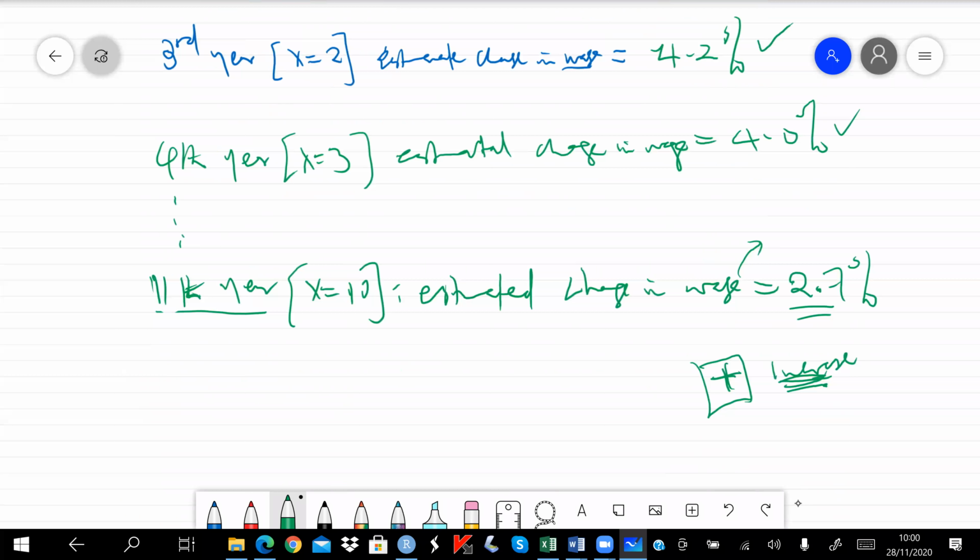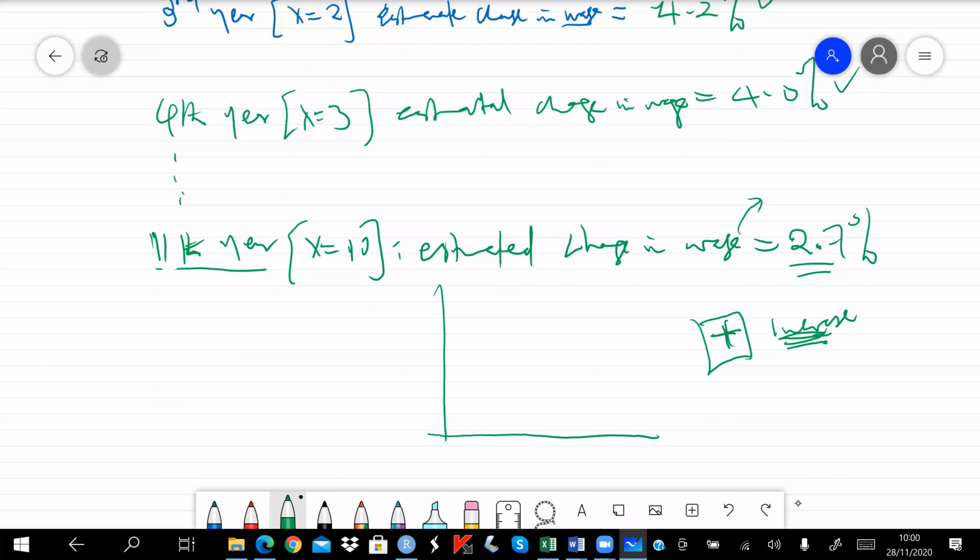If you are to sketch that, the sketch may not be accurate for this problem, but you will get something like this. It is increasing, but not at the same rate. If this is the wage, of course, here it can start from somewhere other than zero, but for the sake of illustration, we can just have it start from zero. Then here we have the experience.